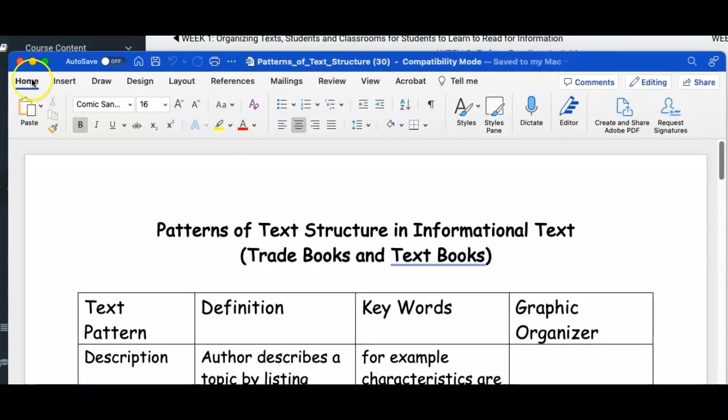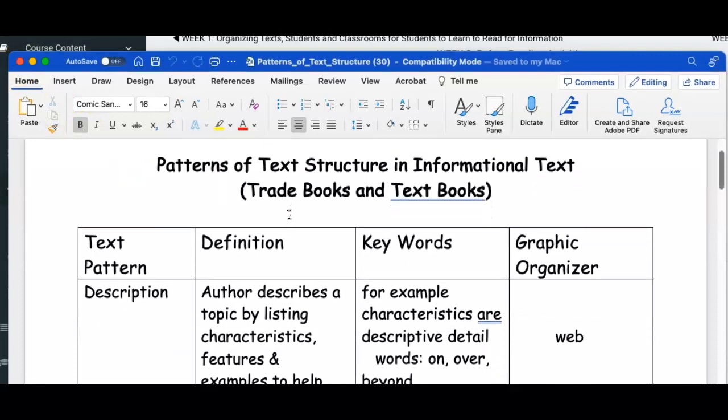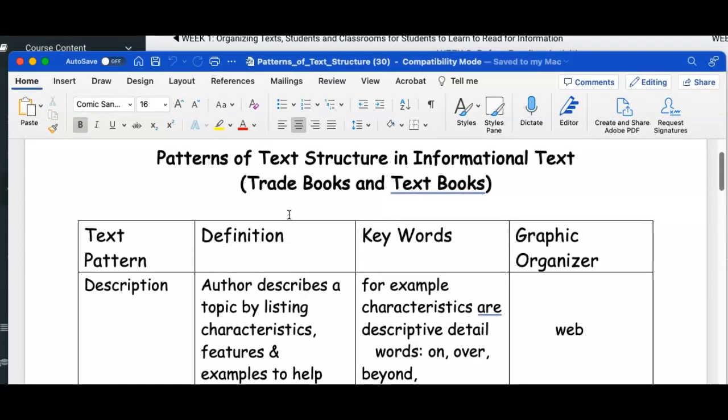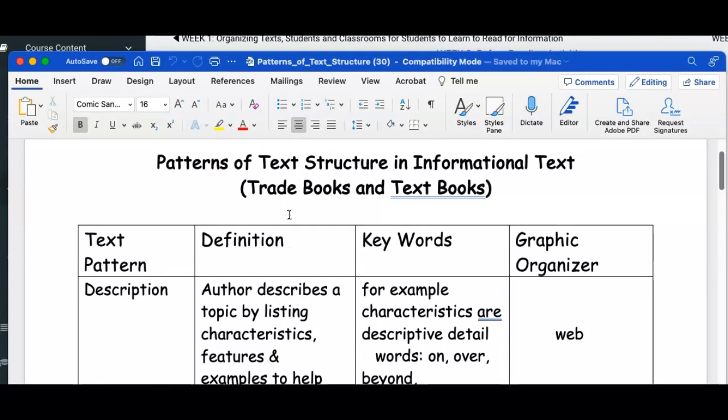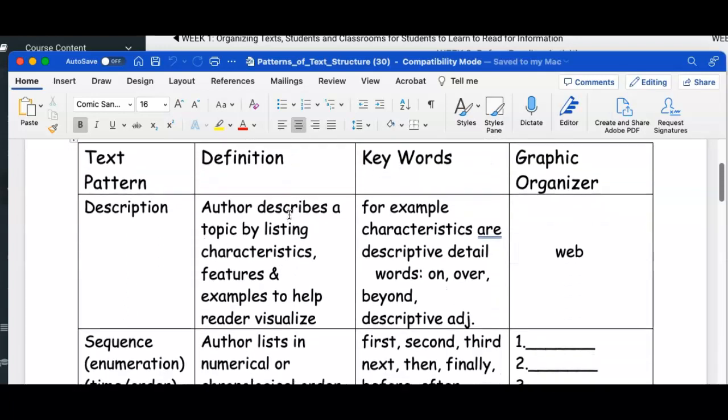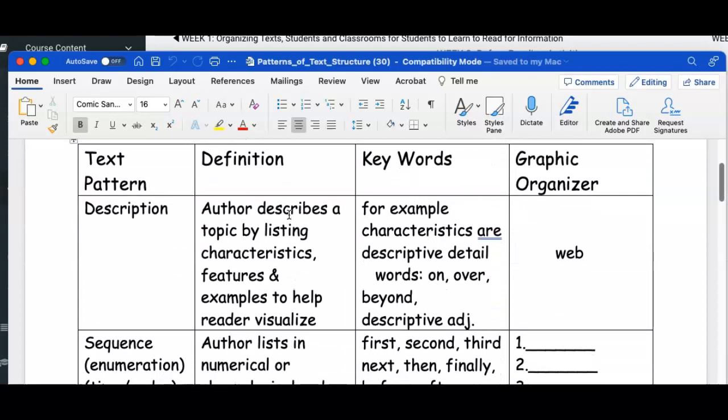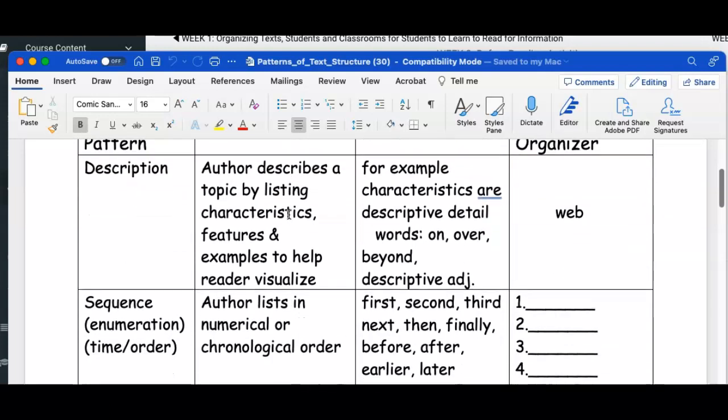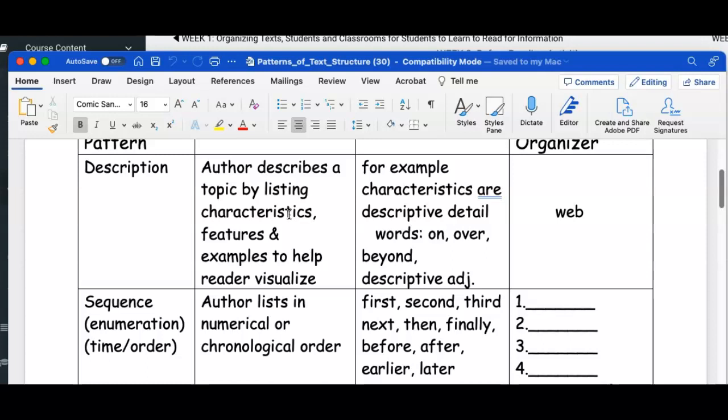Here are patterns of text structure that are found in informational text. These are found in trade books as well as textbooks. When we talk about structure, it's the way the text is organized. Does the author describe a topic by listing characteristics, features, and examples to help the reader visualize?